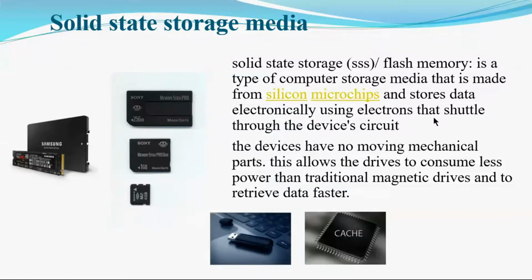They don't store data on mechanical or magnetic media, or on the surfaces of optical storage media. They store information electronically on chips like these. When we talk about electronically, we are dealing with electrons. So they don't have moving mechanical parts.